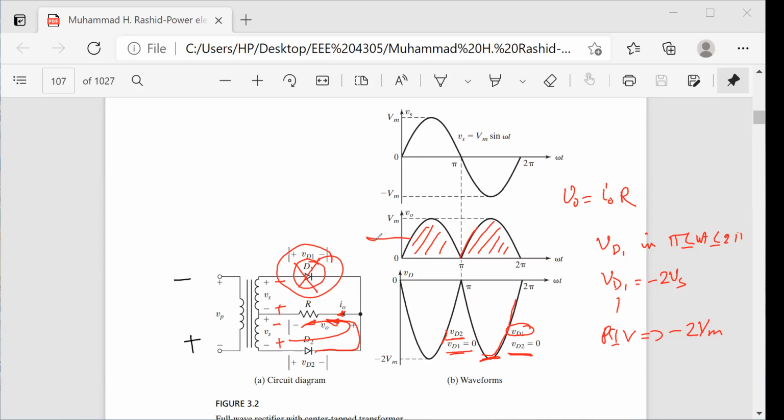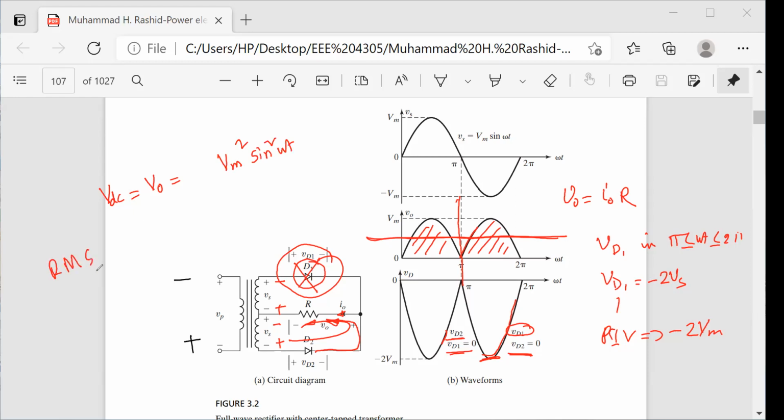Okay, now if you want to take the average value of this one, what will be the average value of the full wave rectifier? VDC, the average. Vm square sin square omega t.